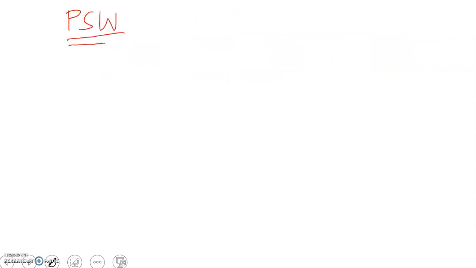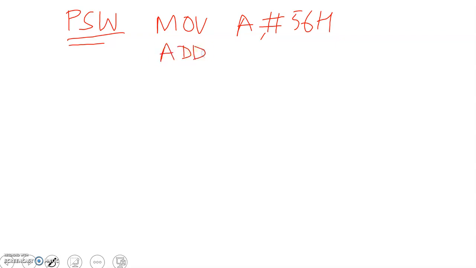Okay, so let me take an example. MOV A, #56h. That means I am saving 56 in A. Let me take another instruction. ADD A, #95h.